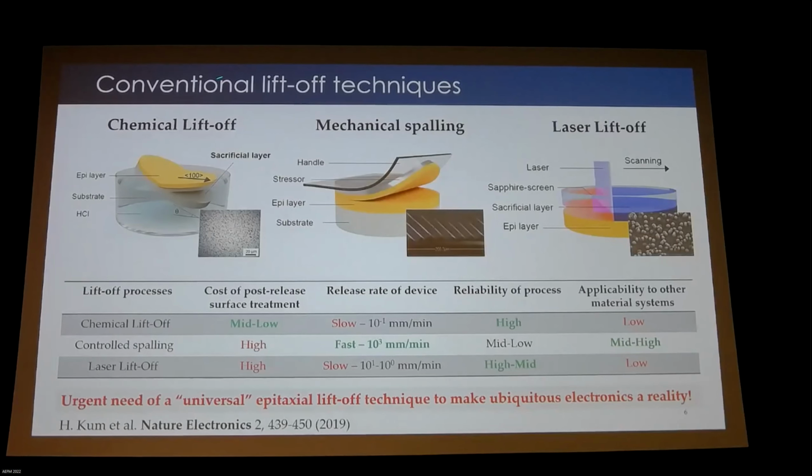First is chemical liftoff, but it's not scalable, meaning the bigger the wafer, the slower this process is. Mechanical spalling is very quick, but the surface of the exfoliated interface is extremely rough, and control of the thickness is very difficult. Last is laser liftoff, but this only works for transparent, high band gap materials such as gallium nitride.